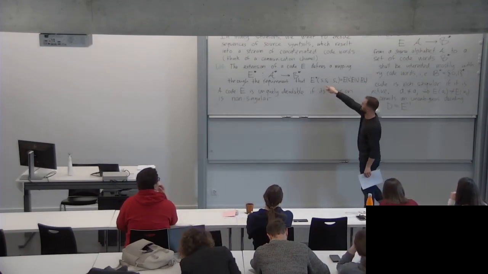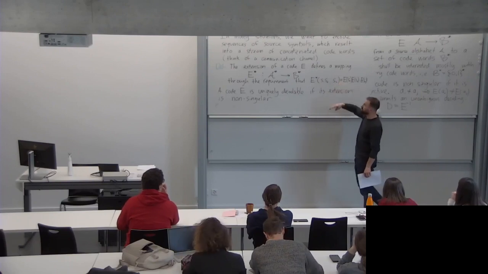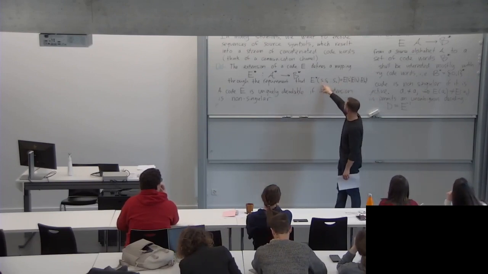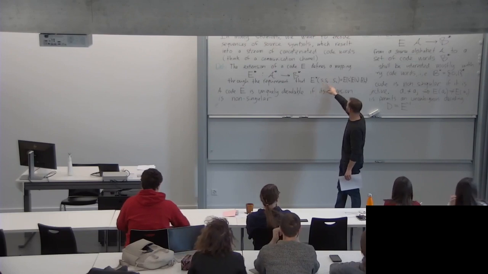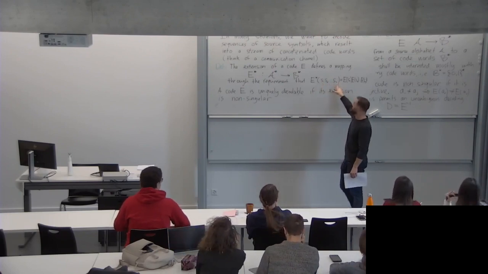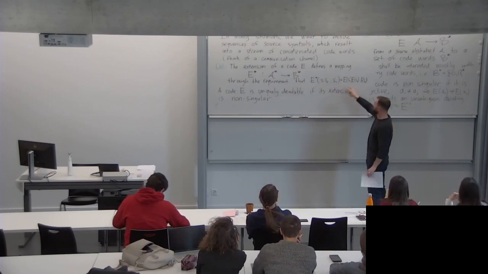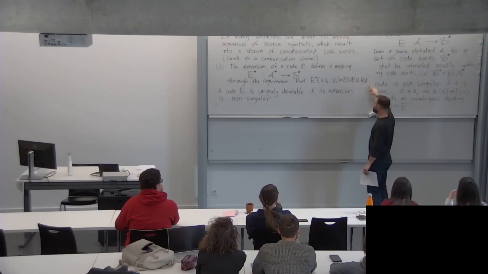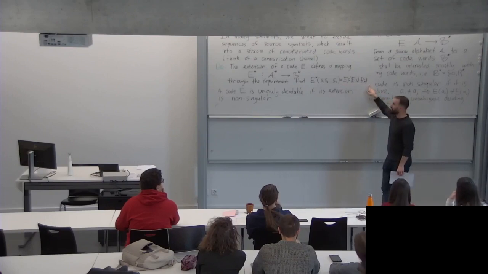If there was a sequence of symbols to encode, S1, then S2, then Sn, I'm going to encode them in my channel through concatenation. The receiver is going to receive this stream of bits.